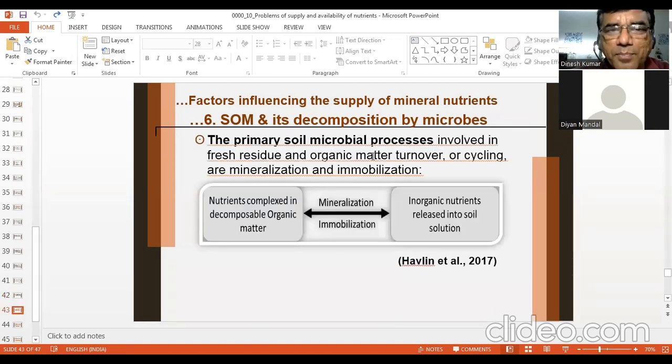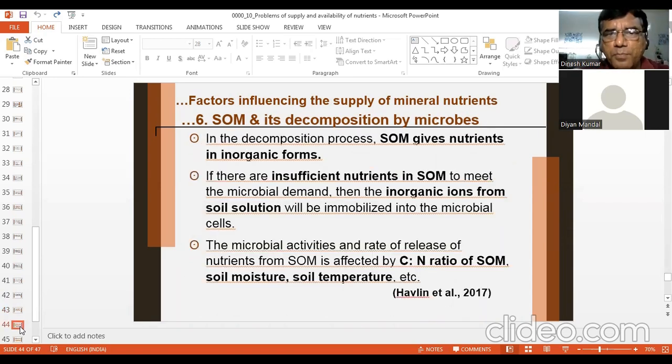Now you can see the primary soil microbial processes involved in fresh residue and organic matter turnover or cycling are mineralization and immobilization. Mineralization supplies nutrients to the soil solution. The decomposition process of soil organic matter gives nutrients in inorganic form.